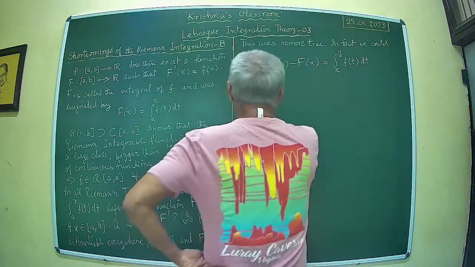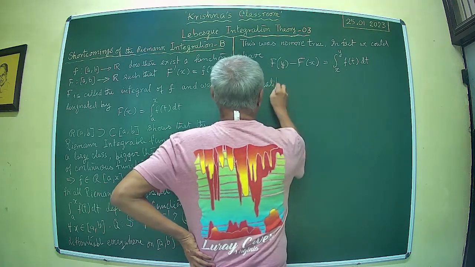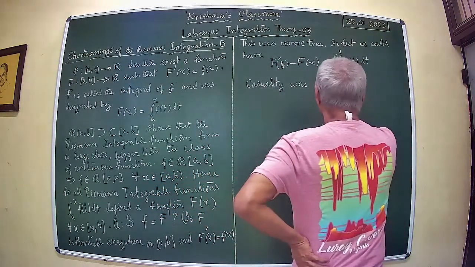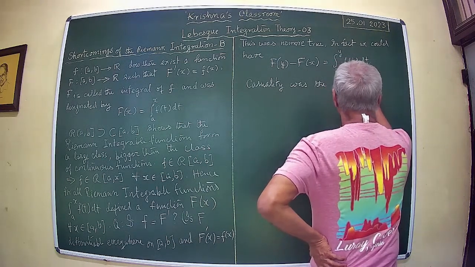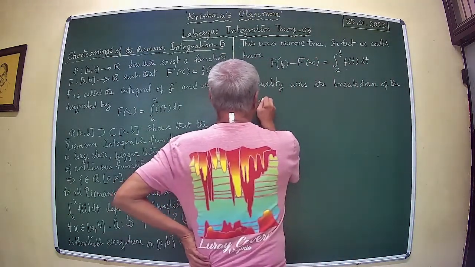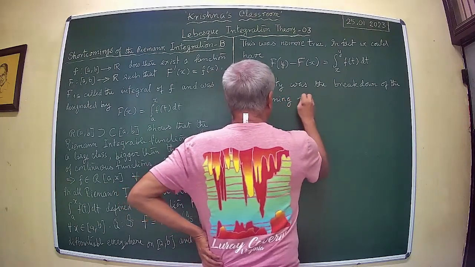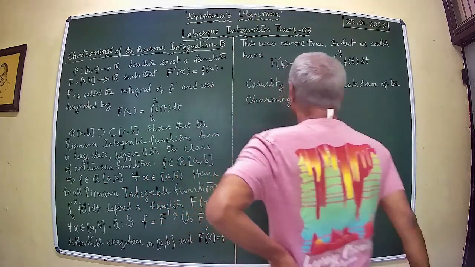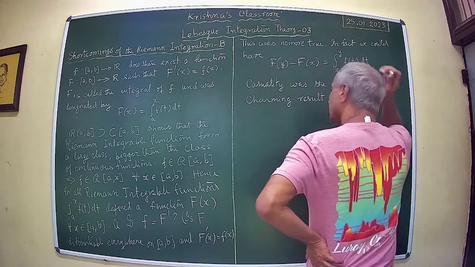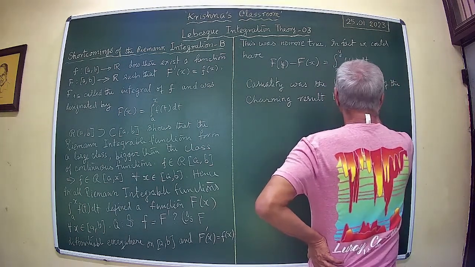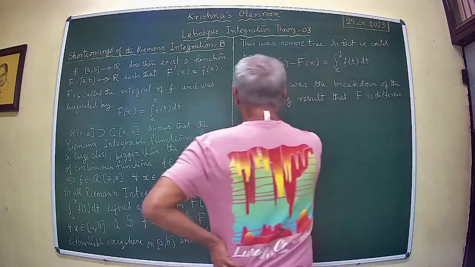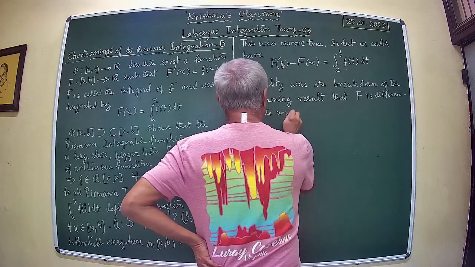The casualty was the breakdown of the charming result that F is differentiable and F derivative equals f.